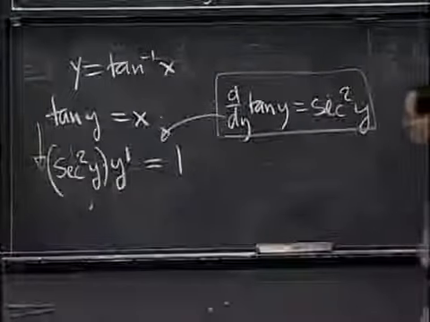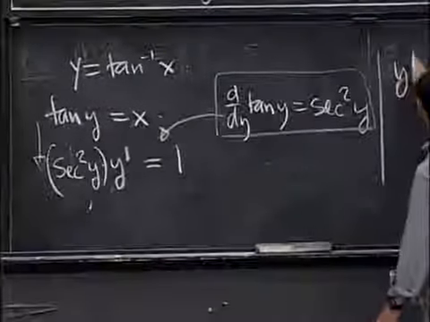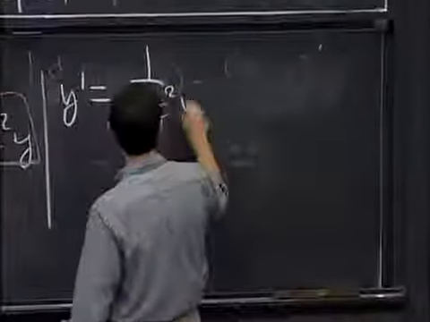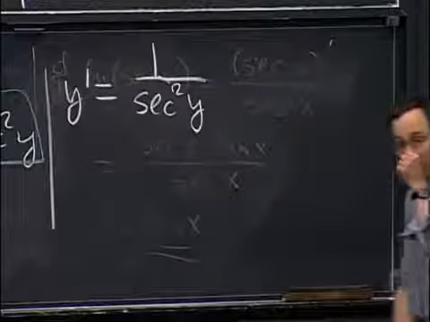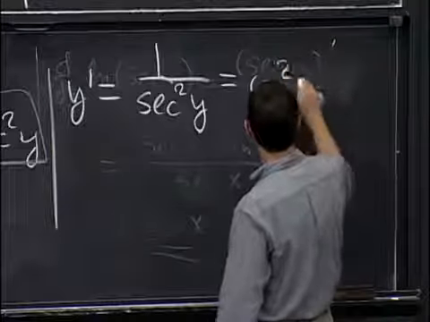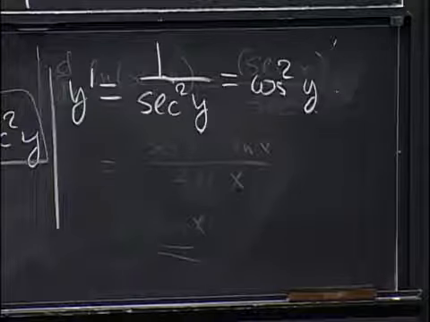So now what we have is that y prime is equal to 1 over secant squared y, which is the same thing as cosine squared y.